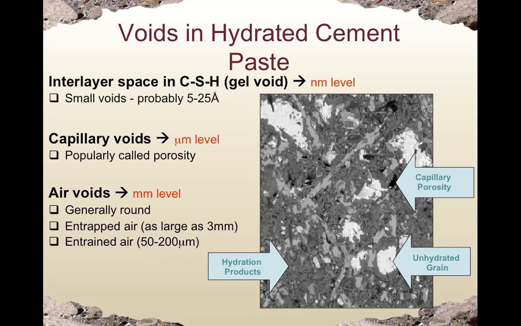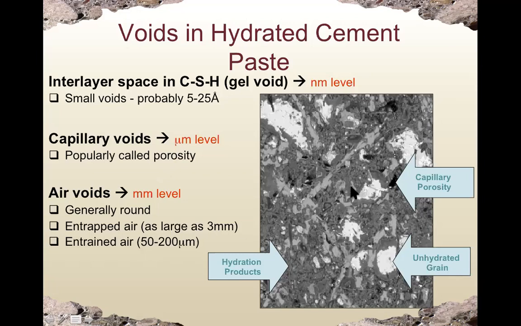We make the concrete more resistant to physical or chemical attacks, such as freeze and thaw, sulfate attack, or alkali-silica reaction. We'll talk about this in much more detail in future lectures. But today, these slides summarize different types of voids in concrete.